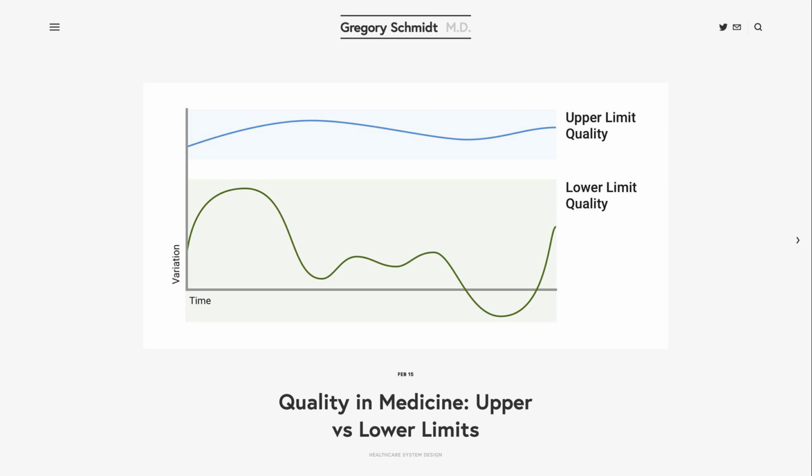These types of upper limit quality assessments are fine to help identify those individuals and those institutions that even when studied under allegedly optimal conditions still produce a red flag. But we have to be clear what we're actually assessing here. We are setting a low bar. We're making sure that these individuals and institutions pass, and we're studying them to see if they can meet this low bar under, quote, optimal conditions, right?